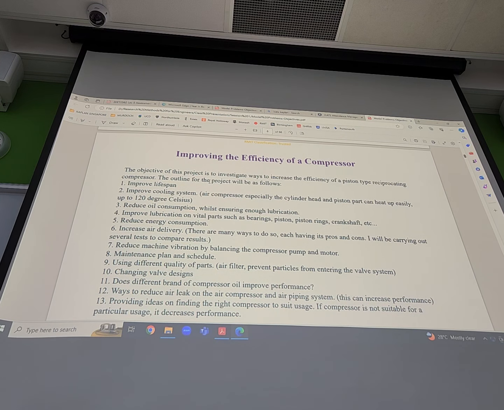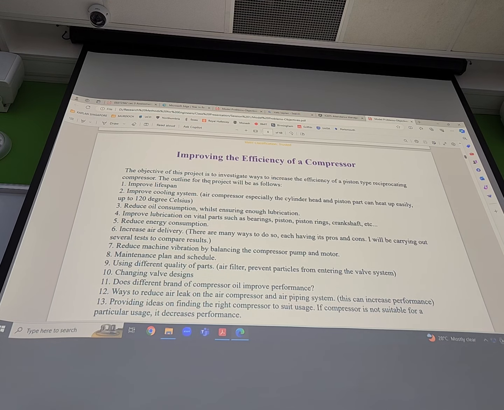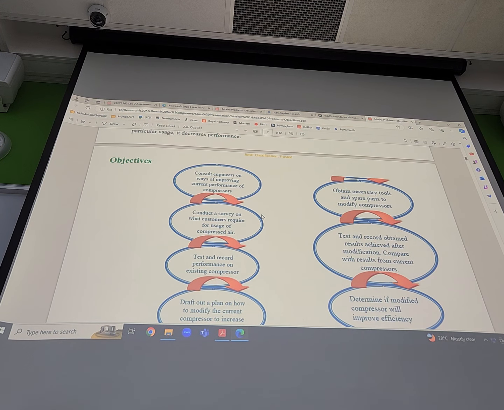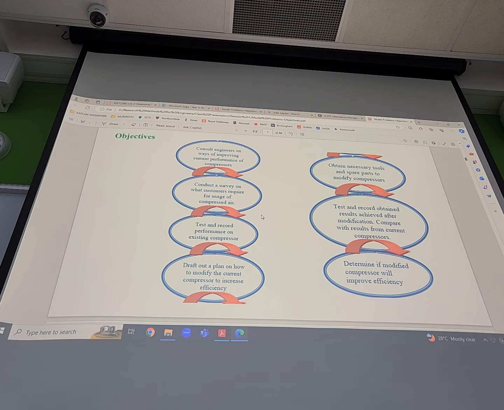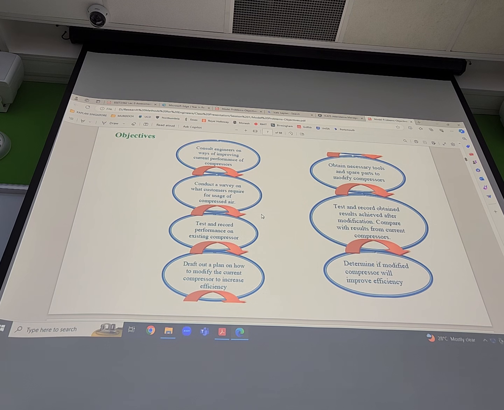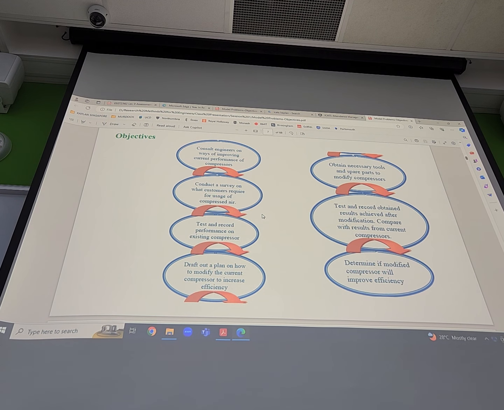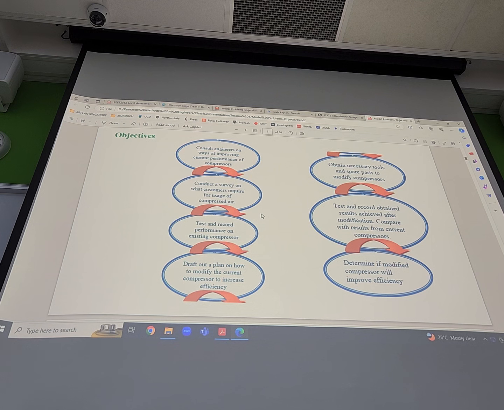So the student lists various things, but this is mostly a review-based topic, where the compressor efficiency is going to be investigated with various parameters. The student says the objectives are to consult engineers on ways of improving current performance of compressors, conduct a survey on what customers require for usage of compressed air, then test and record performance.